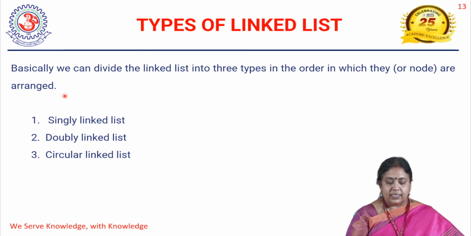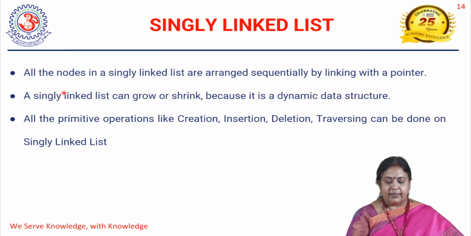And in this presentation, we mainly focus on the singly linked list. Coming to the operations of the singly linked list, all the nodes are arranged sequentially by linking with a pointer.